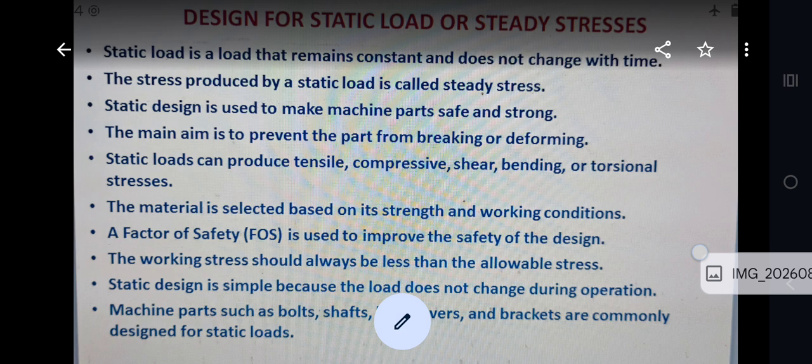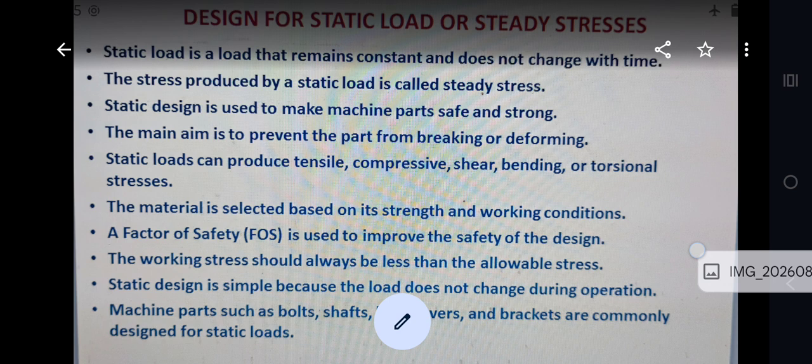For example, consider a rod subjected to a constant tensile force. If load P is equal to 10 kilonewton and the cross sectional area A is 100 mm square, then tensile stress is P by A.